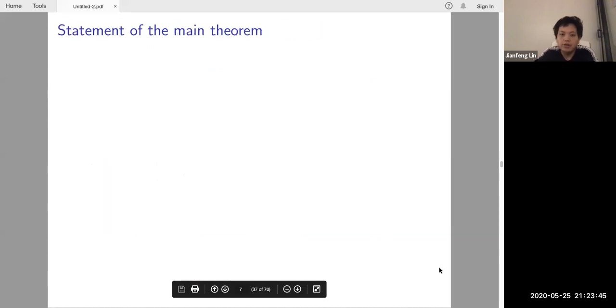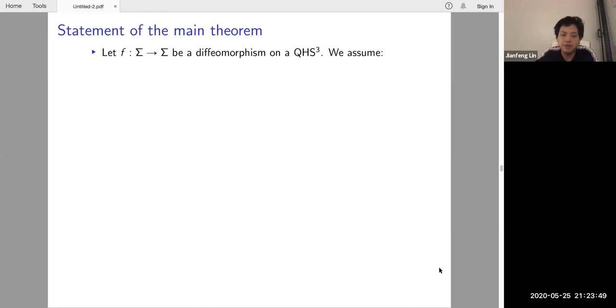Okay, and so now let me give the statement of the main theorem. To begin with, we consider a self-diffeomorphism F on a rational homology three-sphere sigma, and we assume the following conditions. First, F is of finite order. F is a finite order self-diffeomorphism, and the second condition is that the quotient space is an integer homology three-sphere.